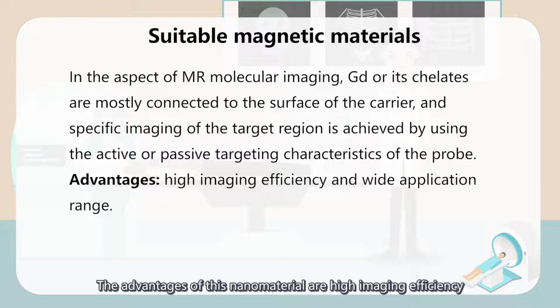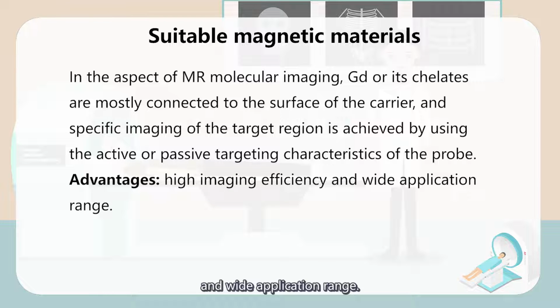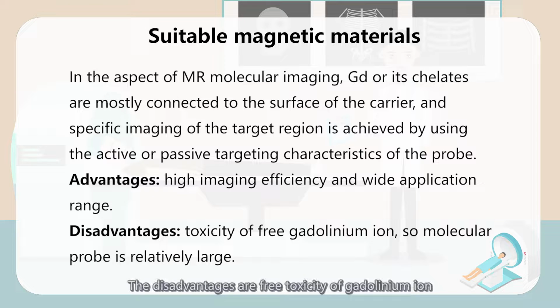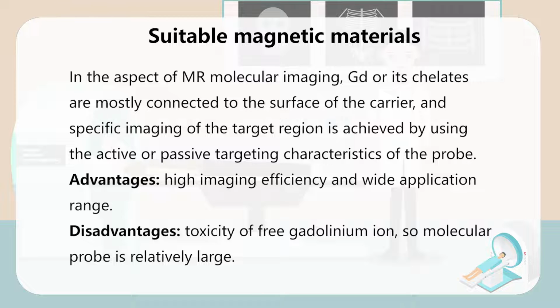The advantages of the nanomaterials are high imaging efficiency and a wide application range. The disadvantages are the free toxicity of the gadolinium ion and the relatively large molecular probe.